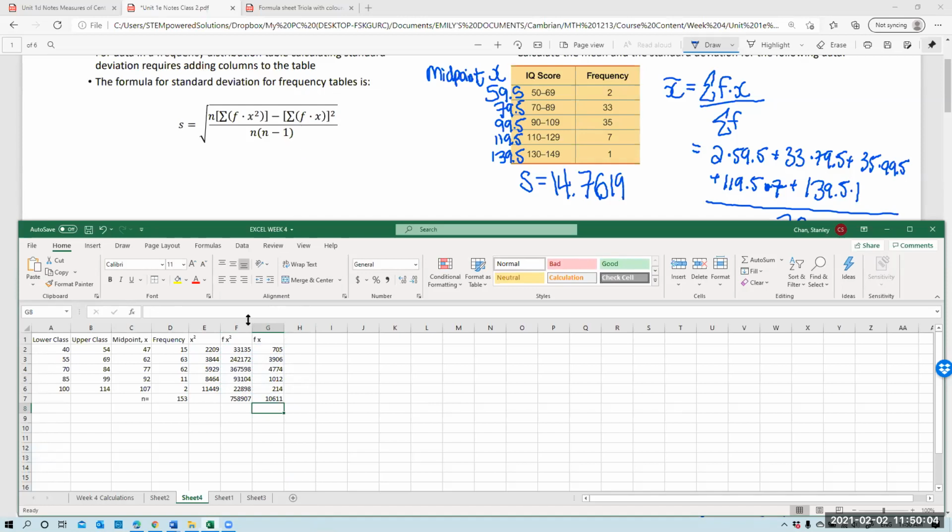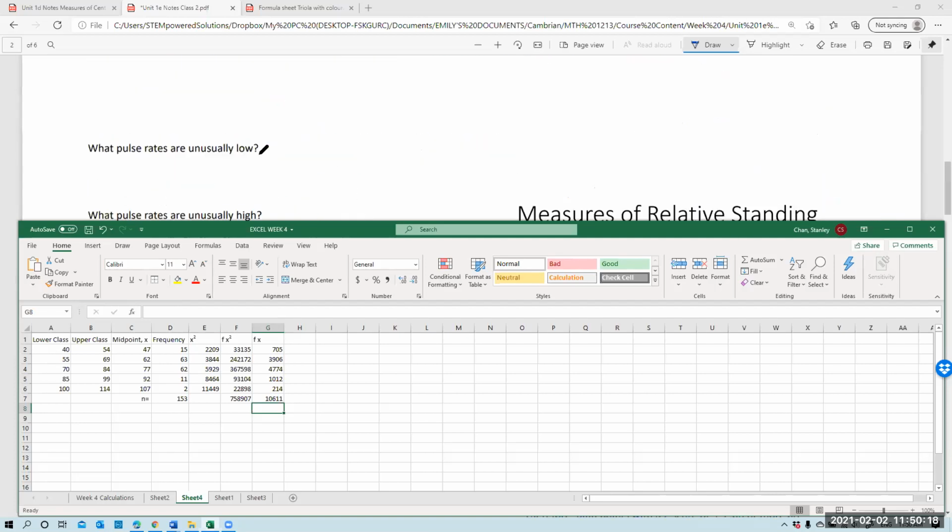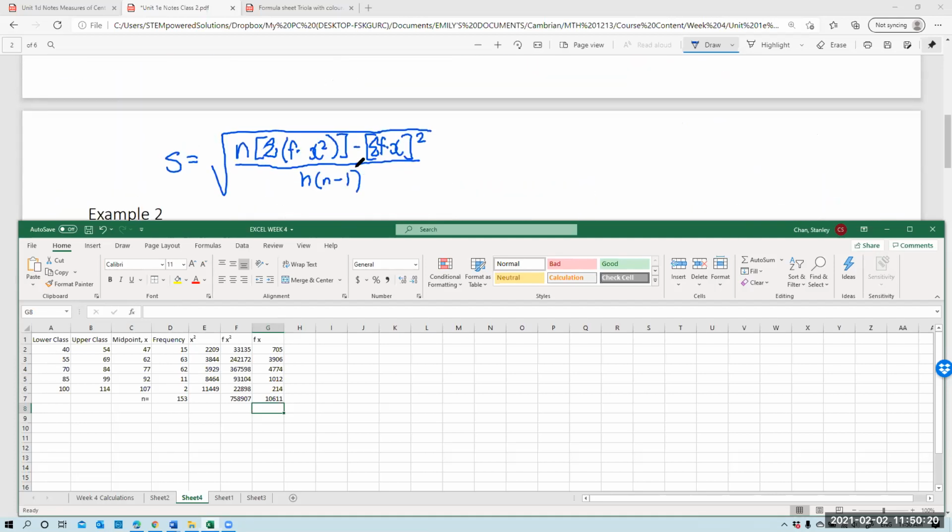So you know what I could do is a blended approach. So far I've calculated the sum of f times x squared, the sum of f dot x, and n. So what I could do now is just plug them into the formula, writing them right beside.